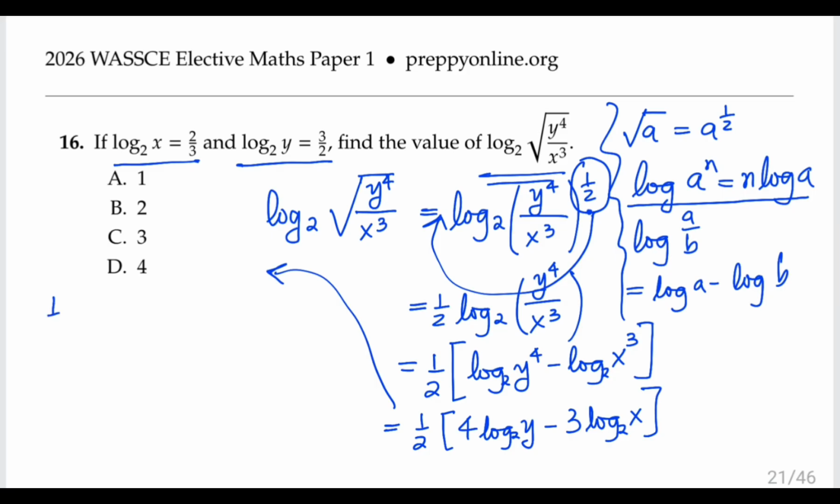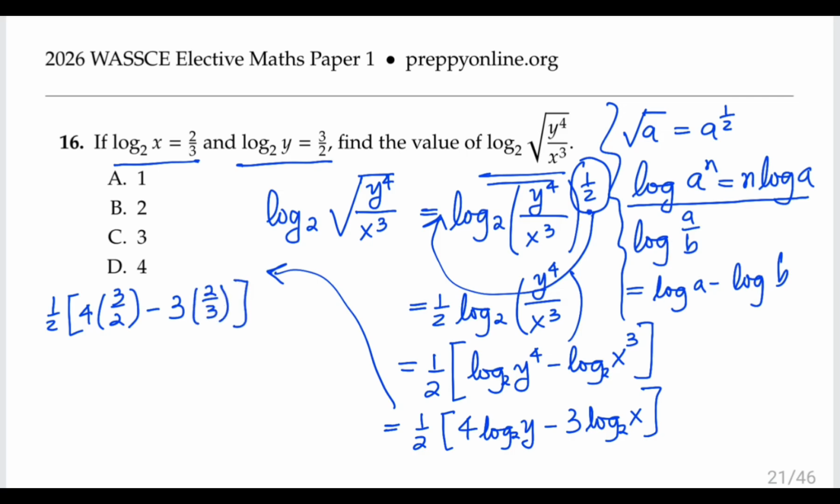So we come here, we say half times 4 times log to the base 2 of y, which is 3 over 2. And then we have minus 3 times log to the base 2 of x, which is 2/3.